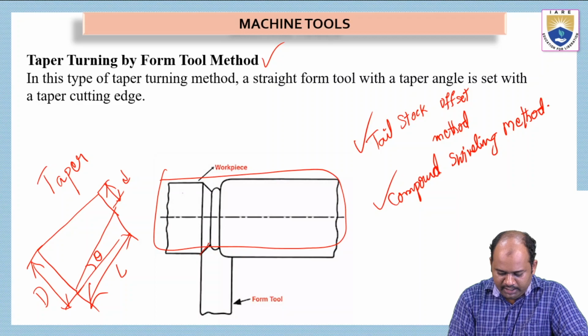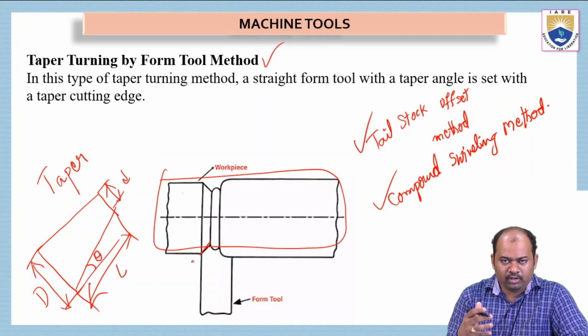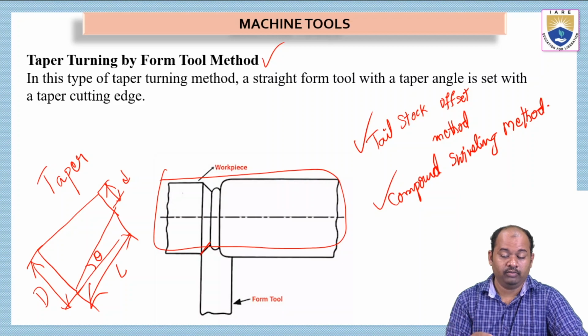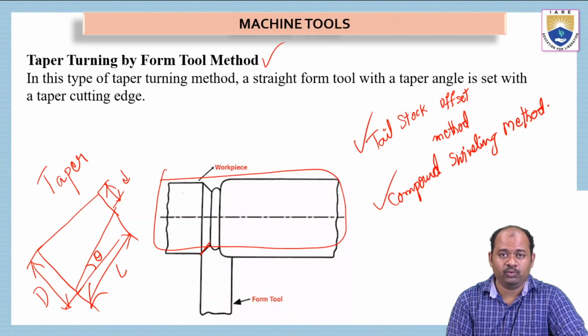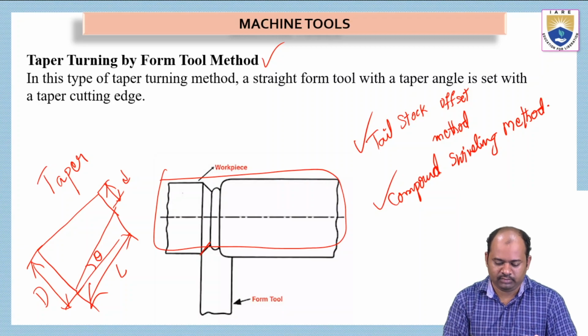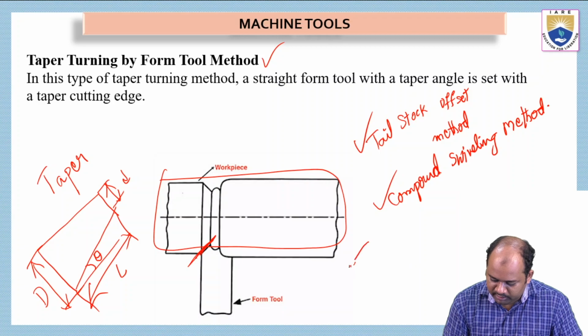Here we have to get a taper. In the first two methods, we used different techniques. Now in this method, simply we have to keep the tool which is itself made inclined. See here, the tool is like this.